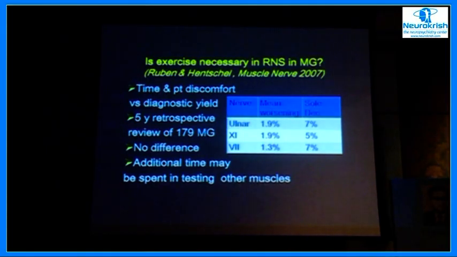If two muscles show decrement, then you can diagnose it. So nowadays we are not doing facilitation and exhaustion studies; we are just doing resting stimulation in a large number of muscles, and when we get a double result positive, we take it as positive for neuromuscular transmission abnormality.